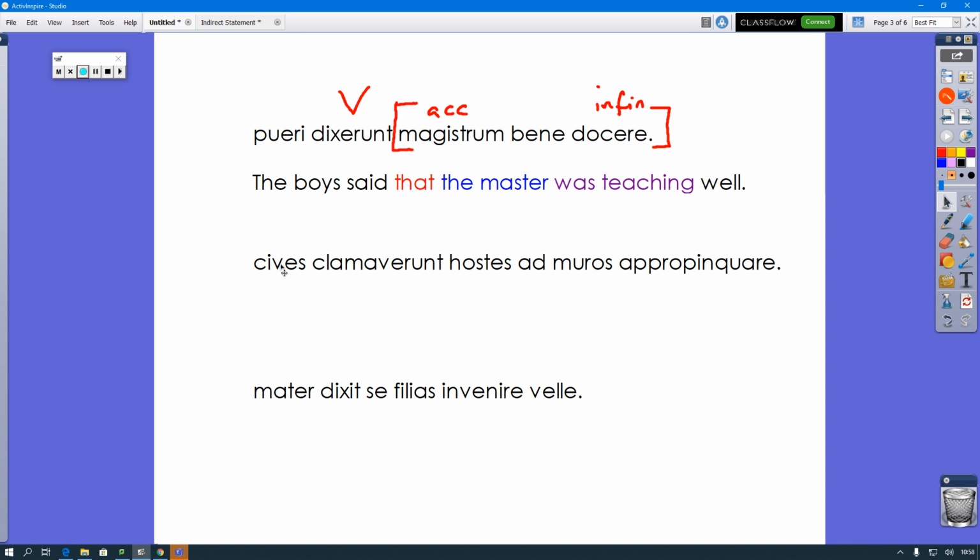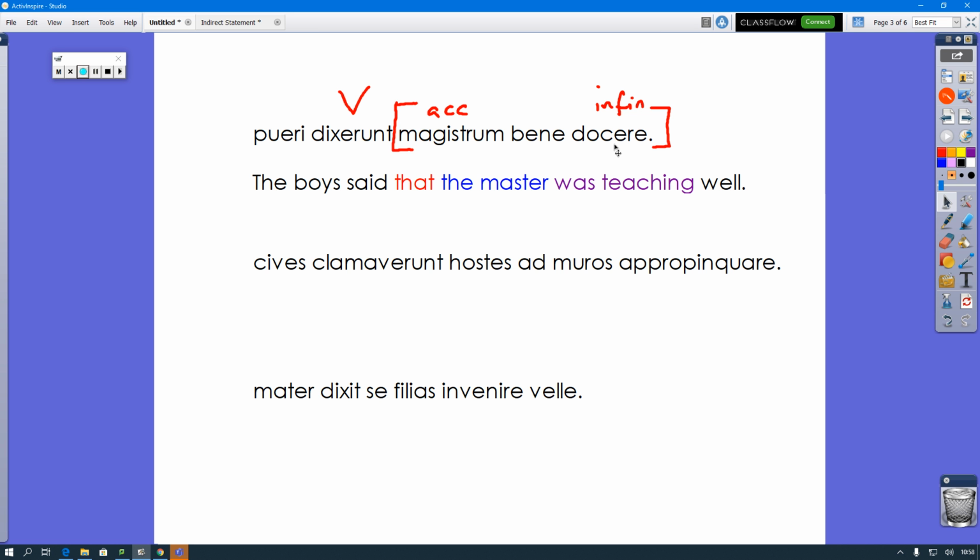Was teaching well. Why have I used a present infinitive? Well, I've used a present infinitive because that's the tense that the boy used when he used direct speech. He said, the teacher is teaching well. But in English we say, the boy said that the master was teaching well.